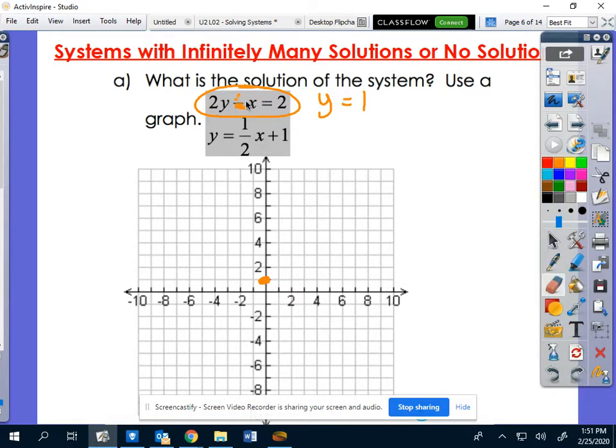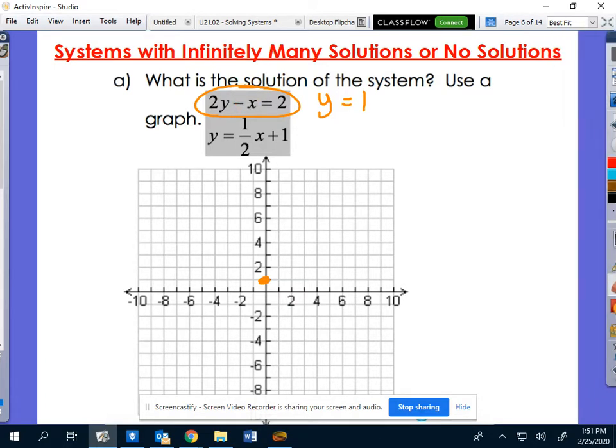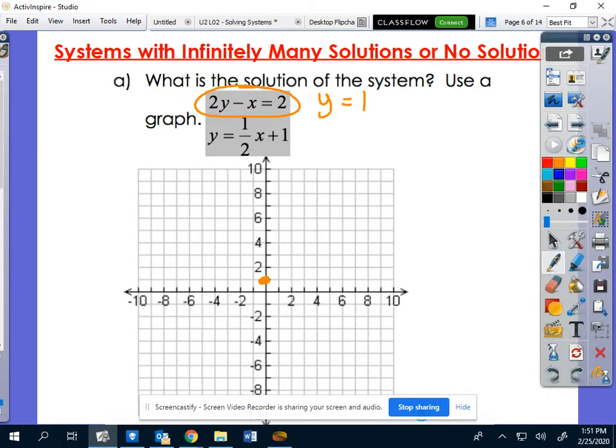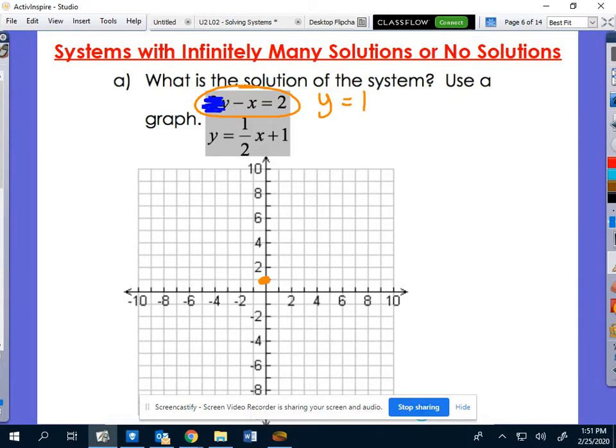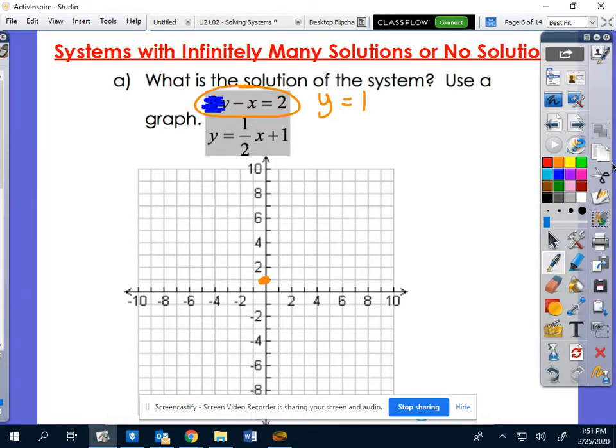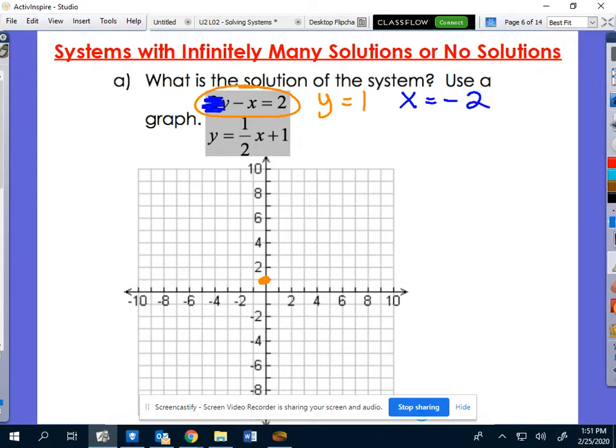Instead of covering up x, you're going to cover up, in this case, y. So if we cover up the 2y, we see that negative x equals 2. So you really need to divide by negative 1, and you're going to end up getting that x equals negative 2. So now we can graph that point right there at negative 2.